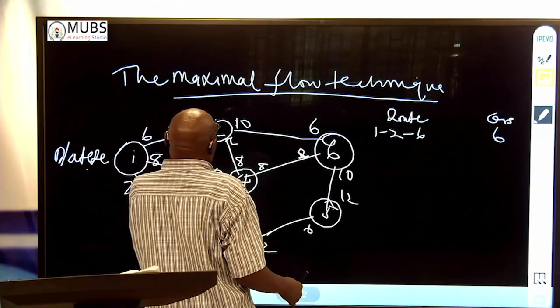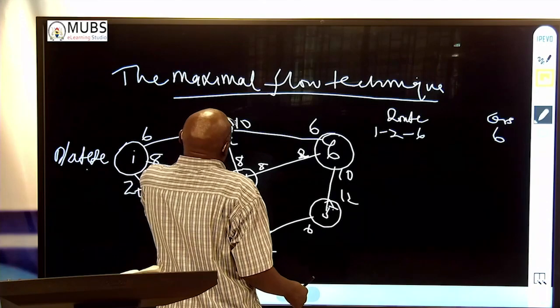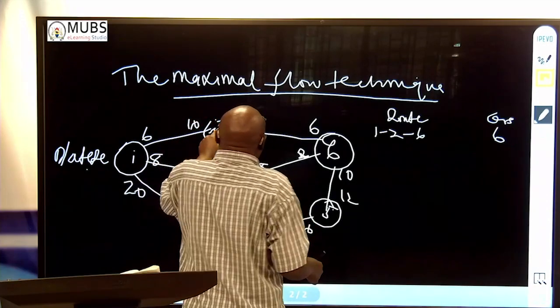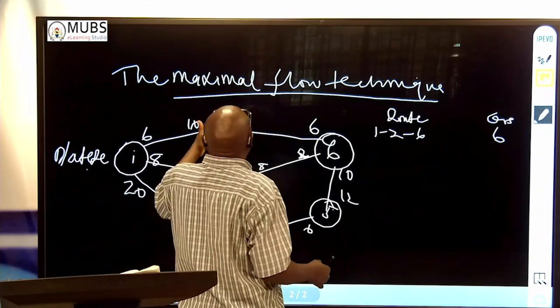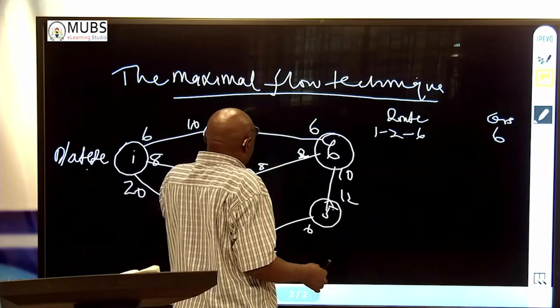Now, 8 cars would be allowed up to here. Already, 10 can be allowed from here to there, but unfortunately, 6 had already been allowed here.